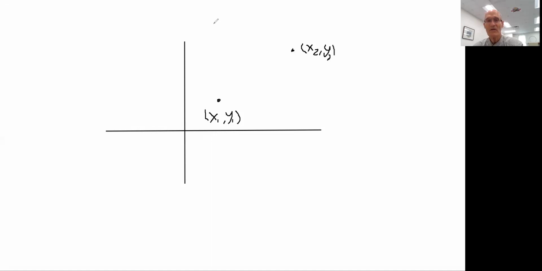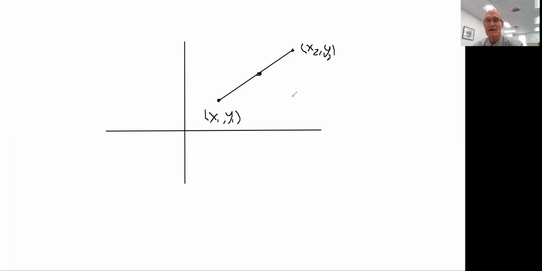Right now, if we draw the line between these 2 points, go from here to here, you can kind of look and see the midpoint should be somewhere about right in there, right?